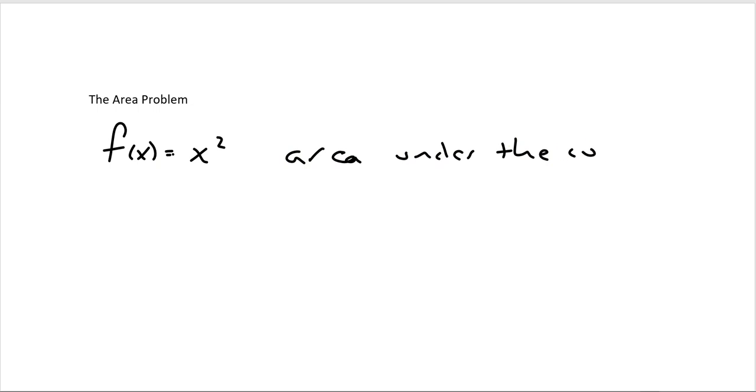So let's suppose for a second that we've got a function x squared, okay? And we want the area under the curve from x equals 1 to x equals 5.